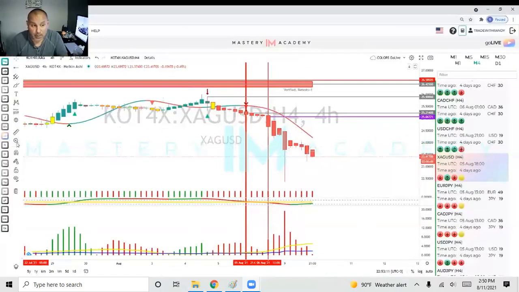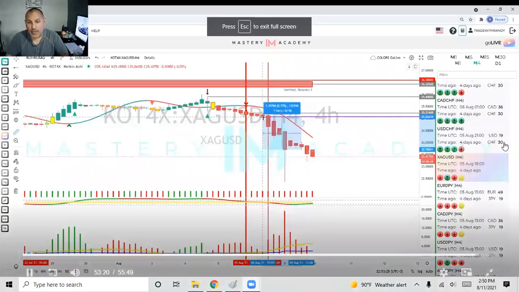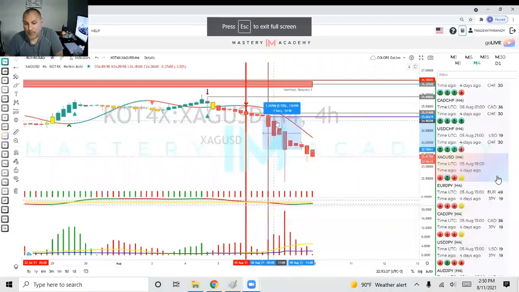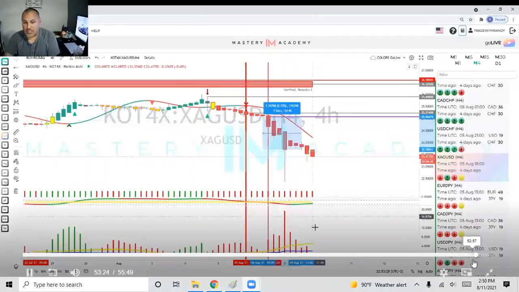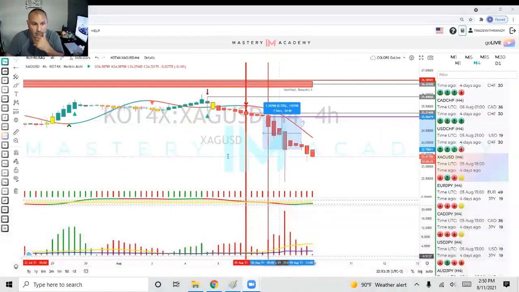It's still a great move for what it was. 136 pips, depending on what you're trading with your broker. Maybe it was 1,300 pips with your broker. I'm not sure, but that was from that move right there, just on the loss of our momentum. So does that make sense?